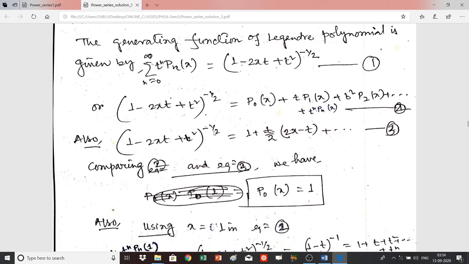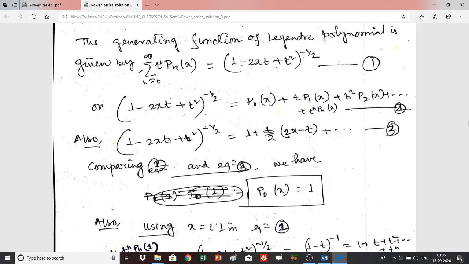I write this as equation number 2 and this as equation number 1. Also, you have (1 minus 2xt plus t square) to the minus half. It can be written as 1 minus of (2xt minus t square).